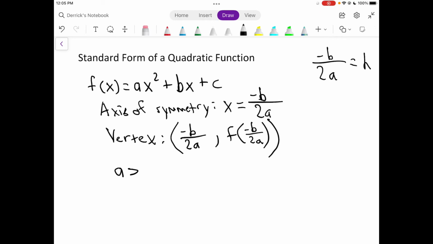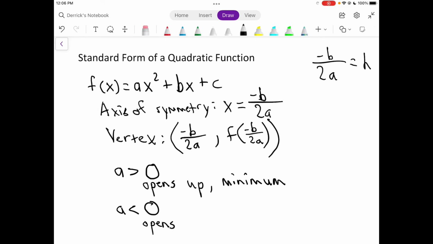If a is greater than 0, meaning if a is positive, that tells us that the graph opens up, which means we will have a minimum point. If a is less than 0, meaning if a is negative, that means the graph will open down, which gives us a maximum point.